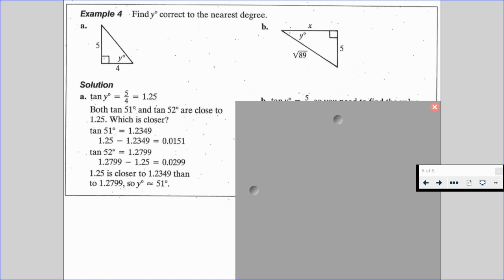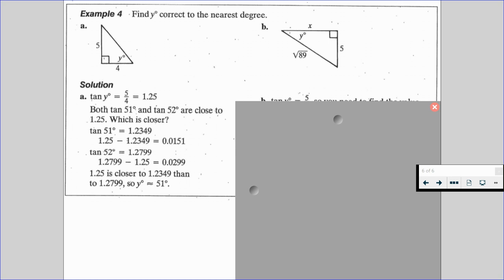So both tangent of 51 and 52 are close to 1.25. And now we have to figure out which is closer. So the tan of 51 is equal to 1.2349. Might I add, I'm very upset that that 9 is not a 5, because then it would be 1.2345, but regardless. So the tan of 51 degrees is equal to 1.2349.